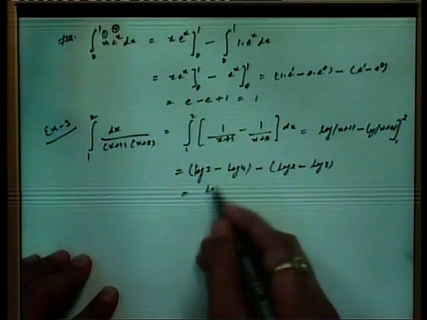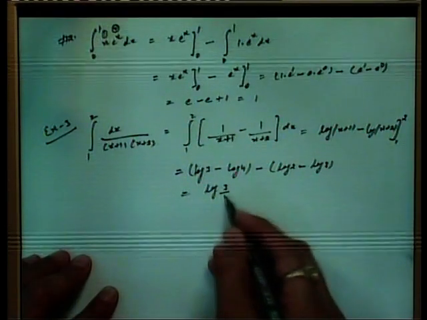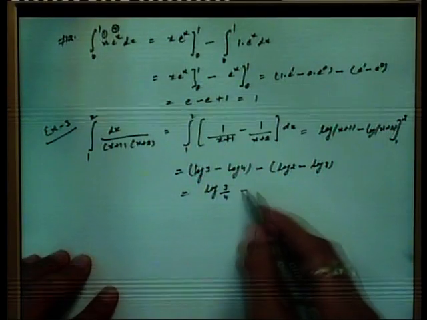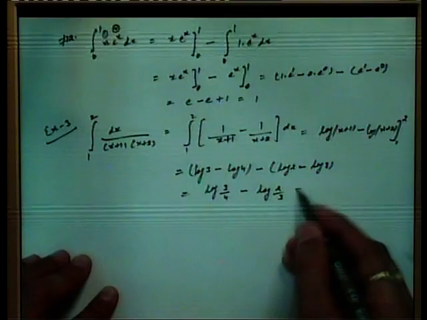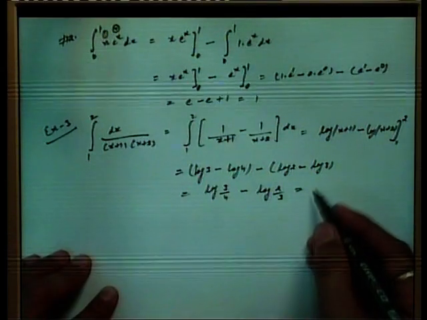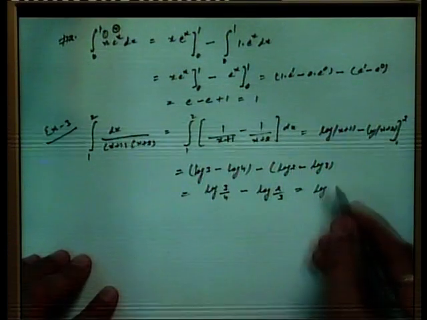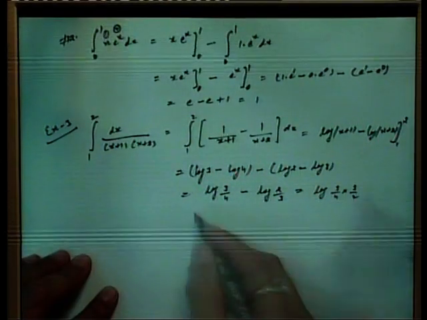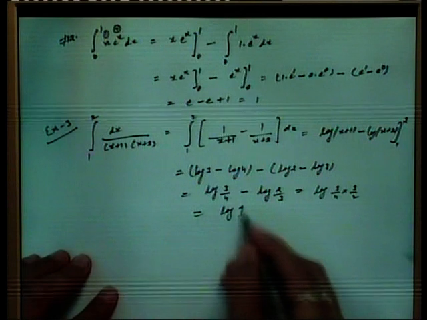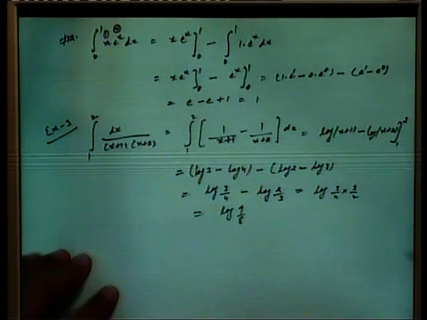So you can get log a minus log b, log a upon b, log 3 by 4 minus log 2 by 3. Again we have log a minus log b, this is log a upon b, log 3 by 4 into 3 by 2, that is log 9 by 8, the required value.